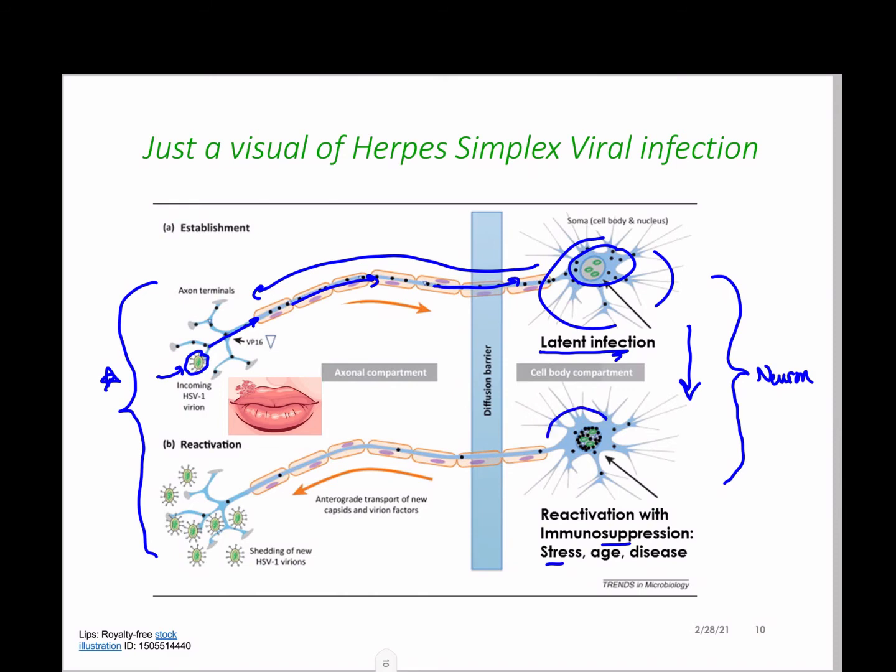So now that replication occurs here in the cell body, and then the virus is transported all the way down the axon, back to the axon terminals here in the mucous membrane tissue, and then re-released. So I think this is a really fascinating way for a viral infection to work, in that it really travels outside of the area that appears to be affected during an acute infection, and then travels back up in order to produce the lesions that we see.